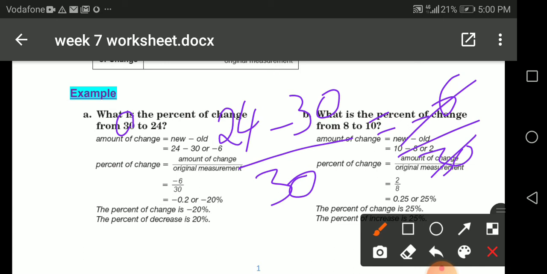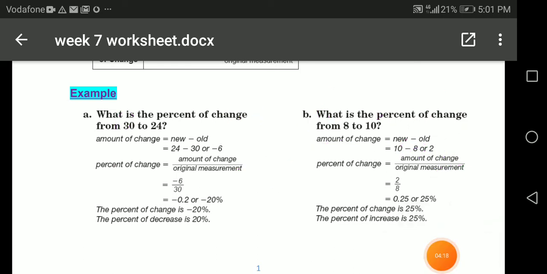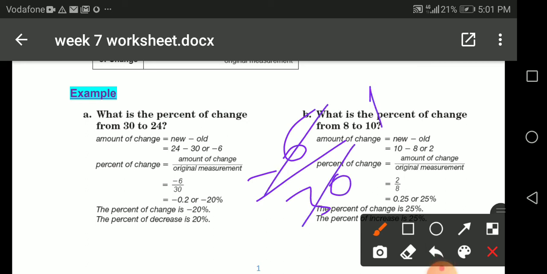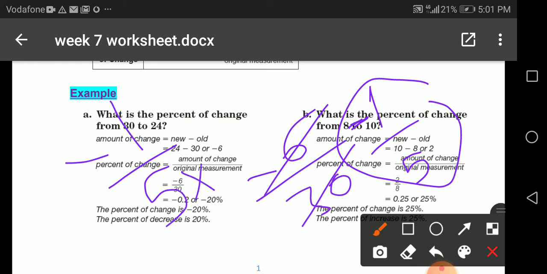So divide both by what? What do you think, guys? We can divide by 3 or by 6, both are right. So divided by 6 gives me negative 1, and 30 divided by 6 gives me 5. Okay, negative 1 over 5. I want it as a percent. Remember, my dear students, I told you we have a very easy method. Multiply by what?